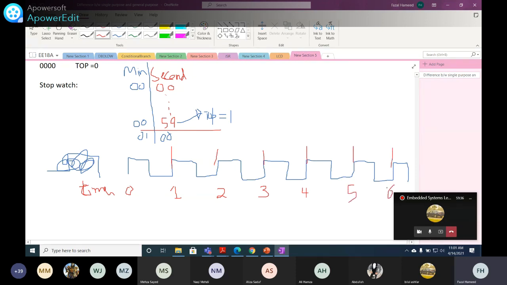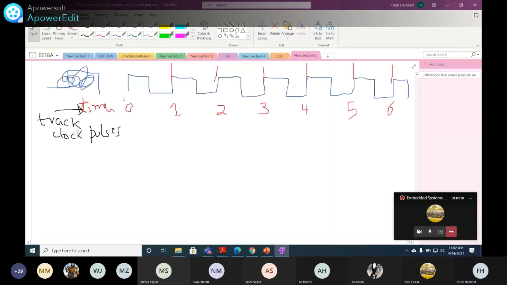So what's the timer? The timer tracks clock pulses. Okay. Now instead of a timer, we have another structure, that is a counter. What does a counter do? The counter tracks events.